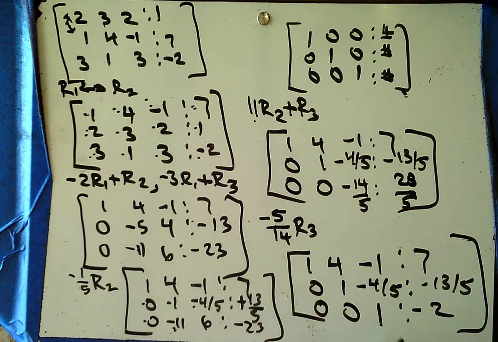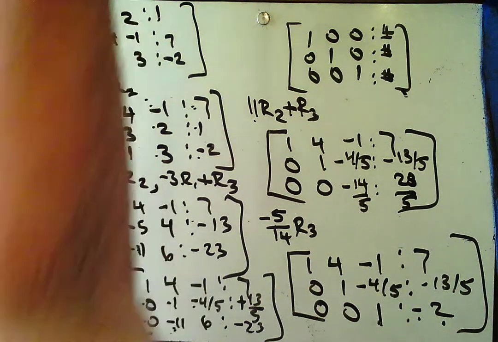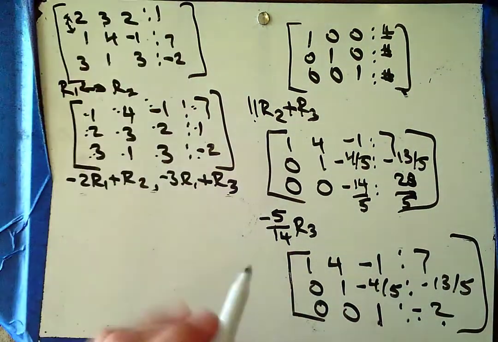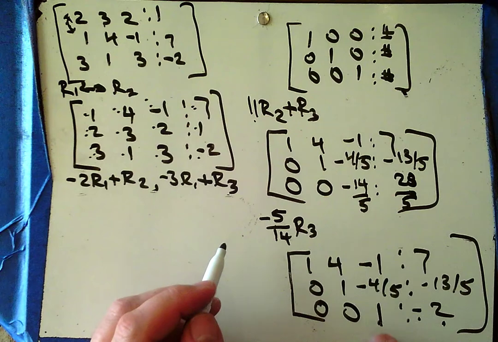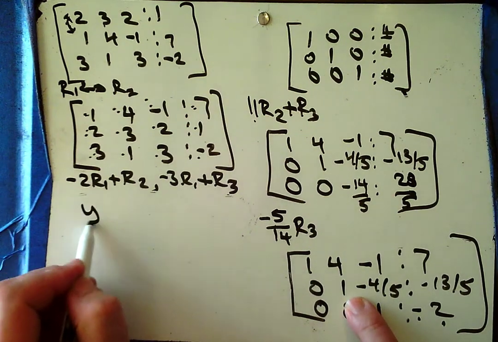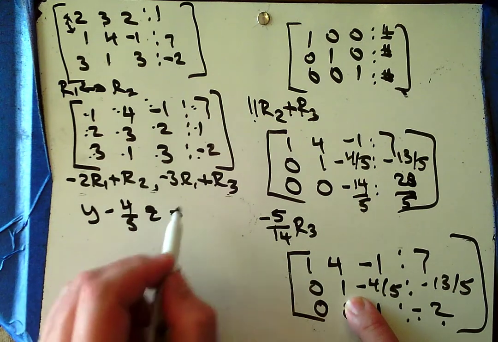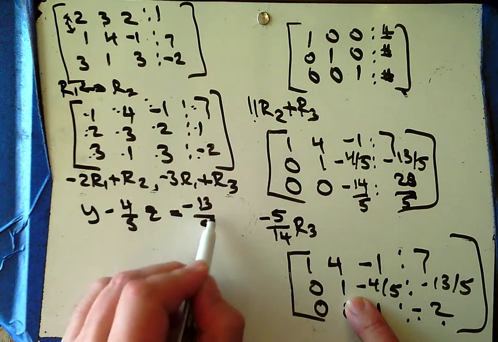Now, Gauss stops here and says, ugh, I'm tired. And I know that z equals negative 2. And he says, great, I know that z equals negative 2. Let's do some back substitution and find y and x. So he looks up here and he says, y minus 4/5 z equals negative 13/5.